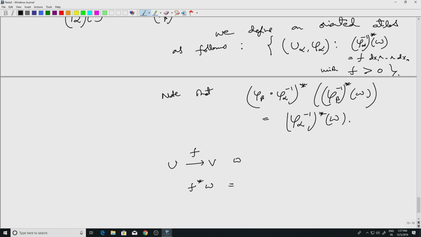And I don't even need diffeomorphisms for this. I just need U and V to be open sets in Rn. So f star omega equals determinant of df times omega. This is valid only for n forms.